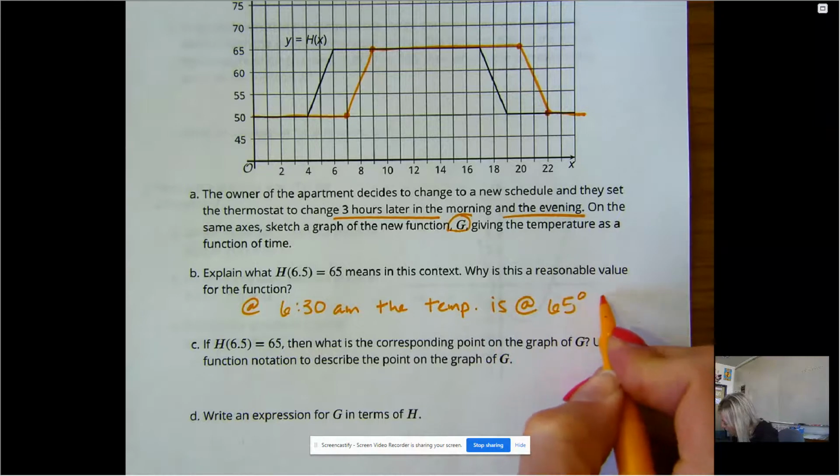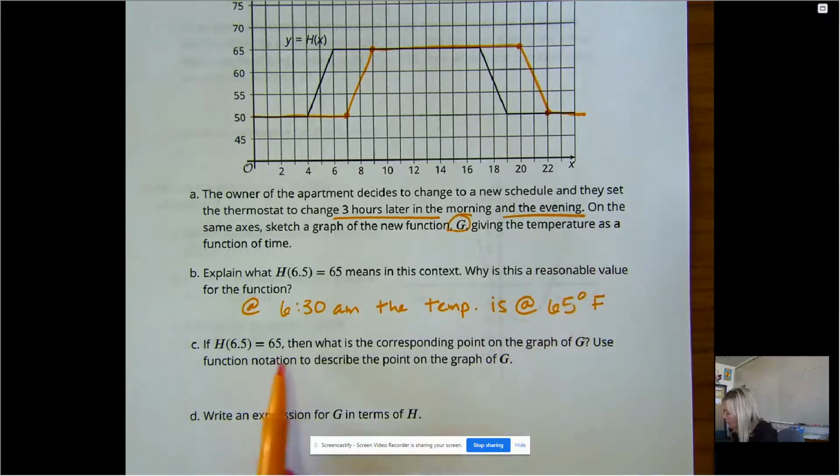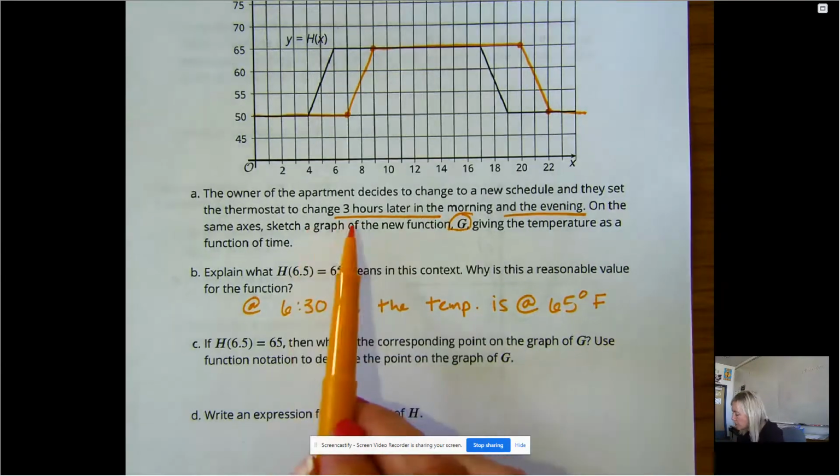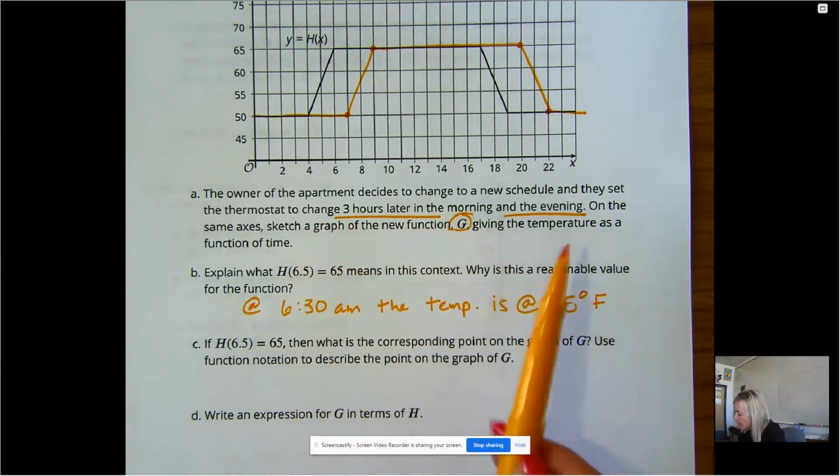Okay, and then part C, if h of 6.5 equals 65 degrees Fahrenheit, that's what we just did, then what is the corresponding point on the graph of g? Use function notation to describe the point on the graph of g. So it would be just 3 hours later, right? Because function g changes 3 hours later in the morning and the evening.